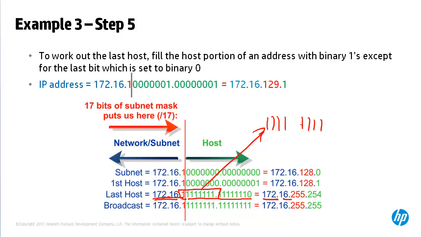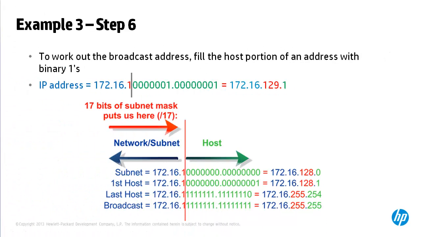That means 255. The last octet is filled with 1s except for the last bit, which is 254. So the last host on the same subnet as 172.16.129.1 is 172.16.255.254. Notice the host portion is filled with 1s except for the last bit, which is a 0.